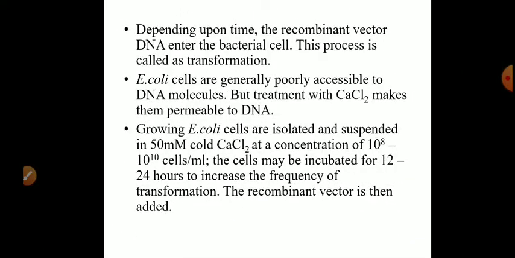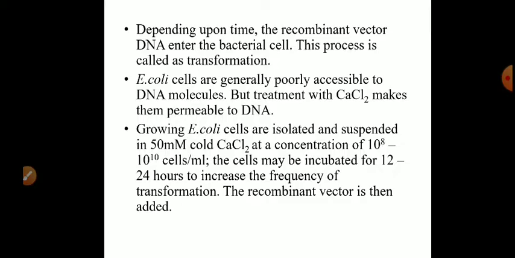Depending upon time, the recombinant DNA will enter inside the bacterial cell. What happens when we treat it with calcium chloride? The cell becomes permeable. The pore size widens, and hence the recombinant vector can easily enter inside the cell. When the recombinant vector enters the E. coli cell, the process is called transformation.